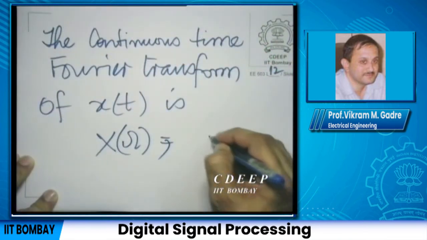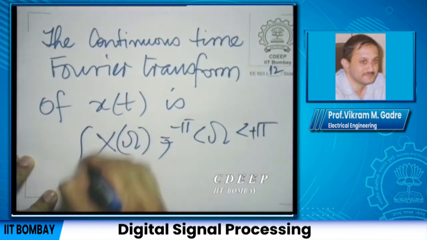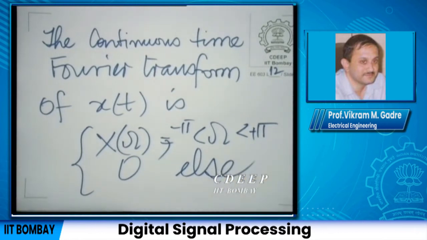the continuous time Fourier transform of x(t) is X(omega), which is equal to X(omega) for omega between minus pi and pi and 0 else. So, what we are saying is restrict the discrete time Fourier transform only to the interval minus pi to pi.